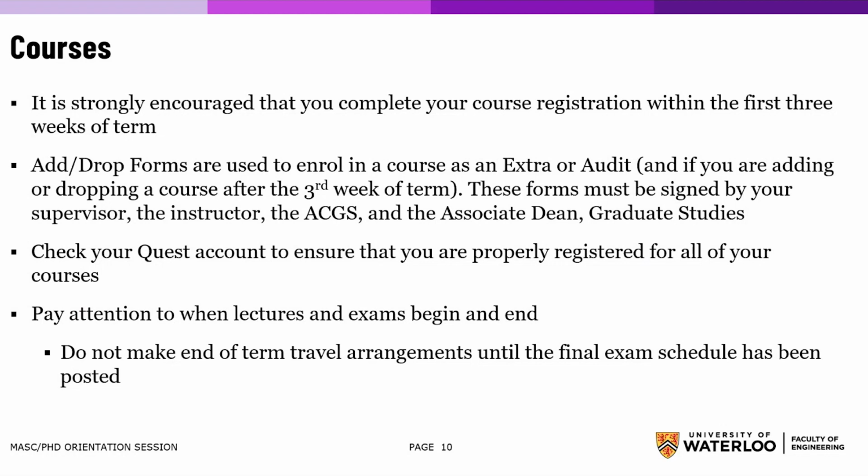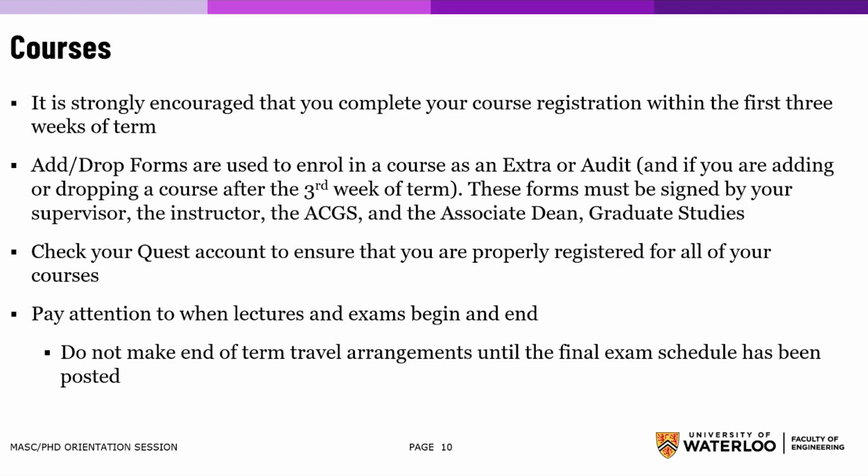Add drop forms are typically used when you want to enroll in a course for extra or audit, and if you're enrolling in a course after the 3rd week of term. In terms of extras or audits, extra means extra to your degree. So if you're an MASc student, you've taken your 4 courses, and there's this other course that's come up and it looks really good, and you're thinking of going on to a PhD and you maybe want that course to be available to transfer when you start your PhD, you would take the course as extra.